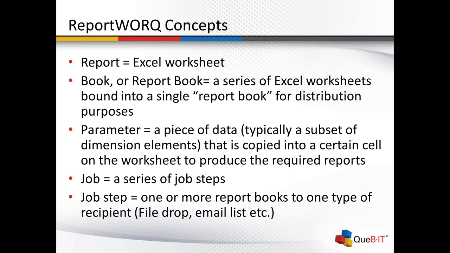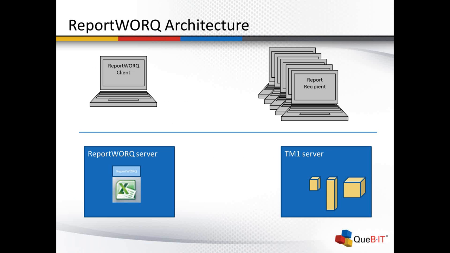That's how I run the report for a number of cost centers, departments, whatever. A job is a series of job steps, and a job step is one or more report books. So we've deliberately made Report Work very flexible to allow you to configure an awful lot of capabilities in the way that you distribute reports.